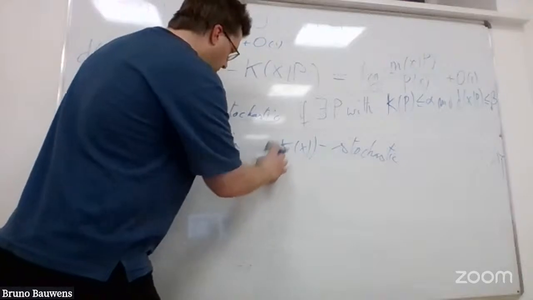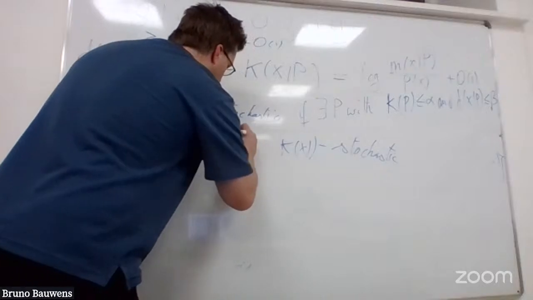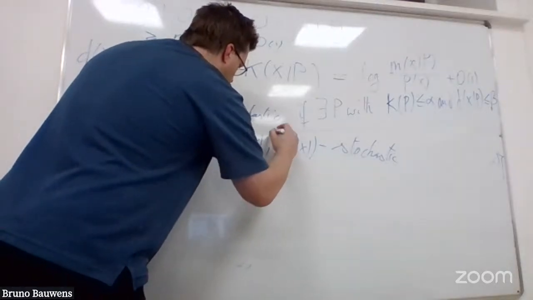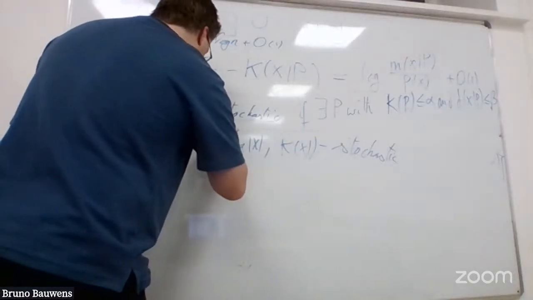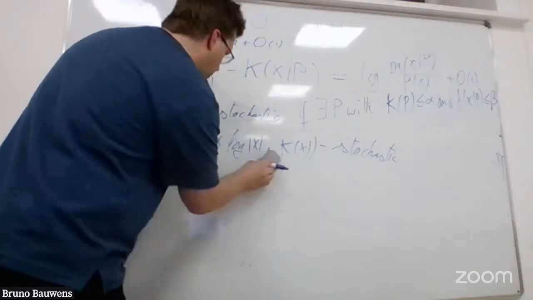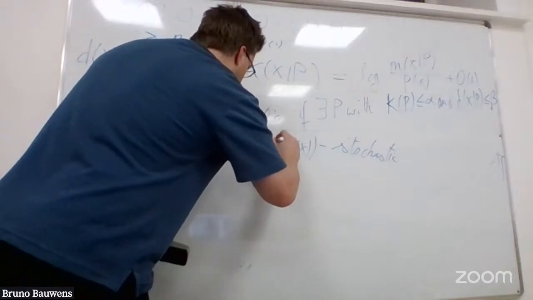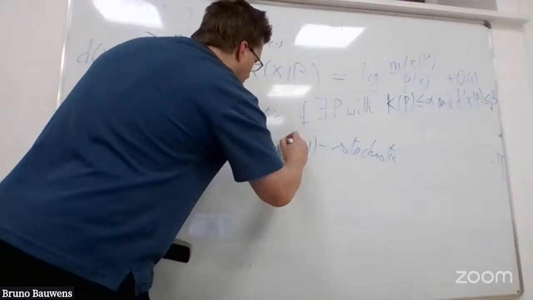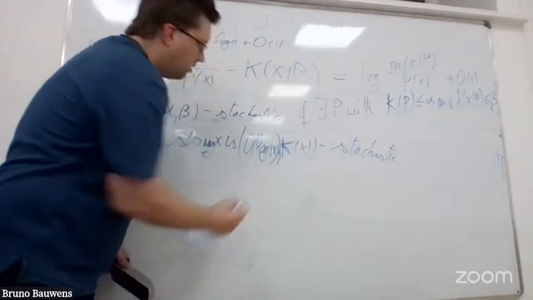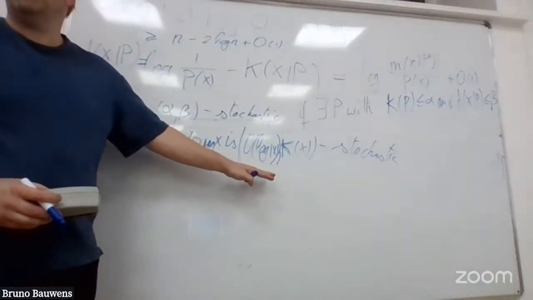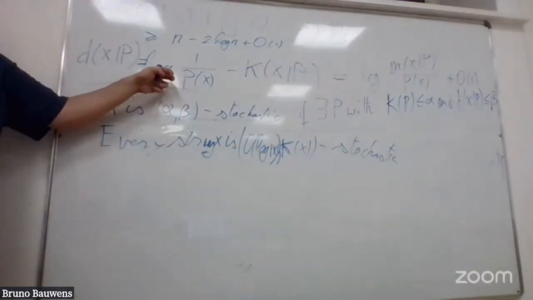Well, if we allow order log n bits, then nicely, every string x is order log n, length of x, comma, p of x stochastic. Okay, it's clear what I mean. And now we can specify some finite p.